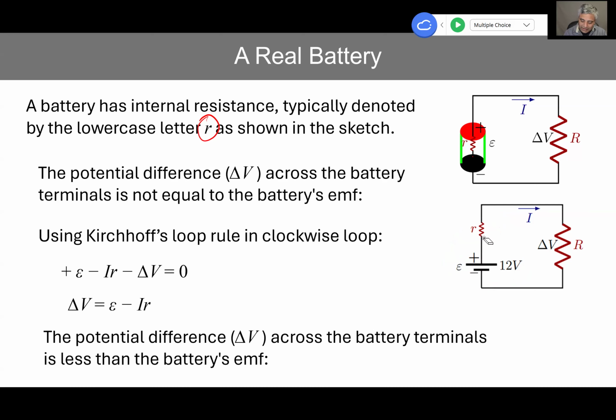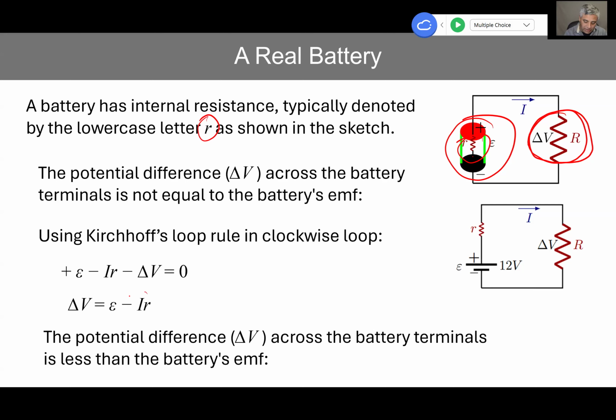We have already seen this circuit, and we also wrote the equation for that. It looks like here I am going clockwise in the circuit. Now what happens is part of that EMF drops across the internal resistance. Because of that, the potential difference available to the main resistor, or the device in the circuit, is now less.